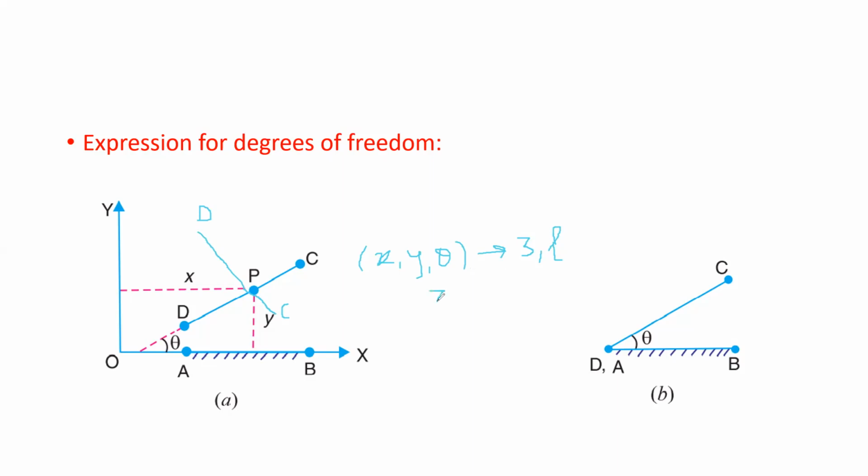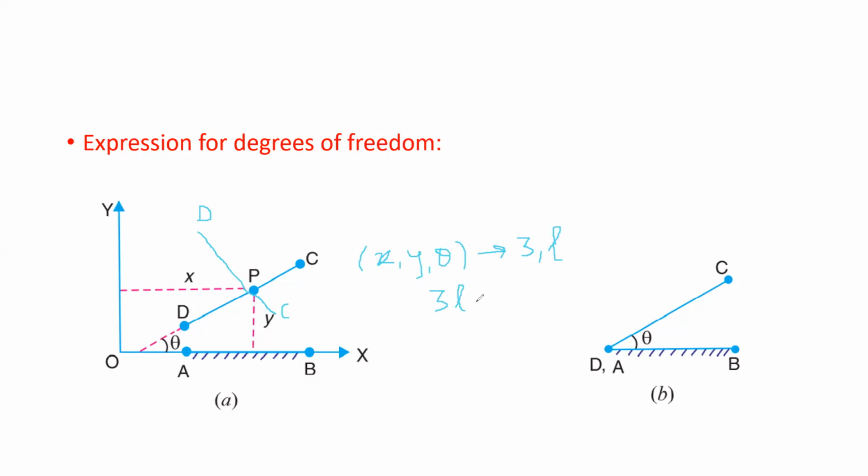One link has 3 degrees of freedom, so a mechanism with L links will have in total 3L. Correct? Yes or no? Yes, sir.